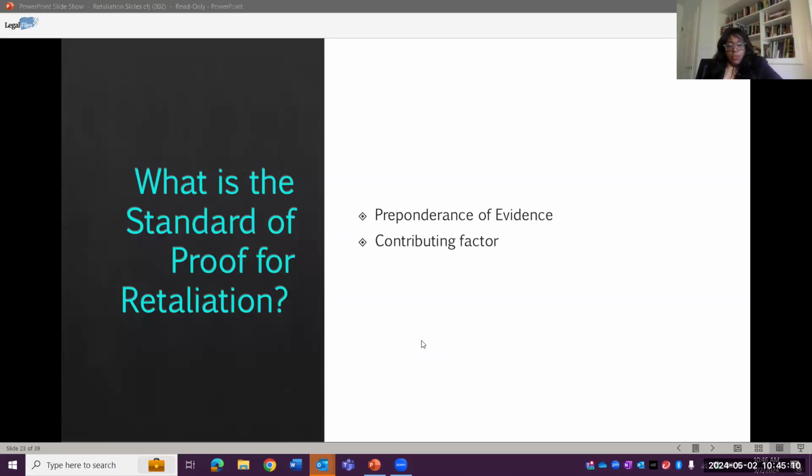Now, different types of evidence, either alone or in combination, can be used to determine if the above causation standard has been met. So, in other words, different pieces of evidence, if you consider them together, may allow an inference that the materially adverse action was retaliatory. The evidence I'm referring to may include, for example, suspicious timing of the action taken, like after the protected activity, soon after, verbal or written statements, comparative evidence.